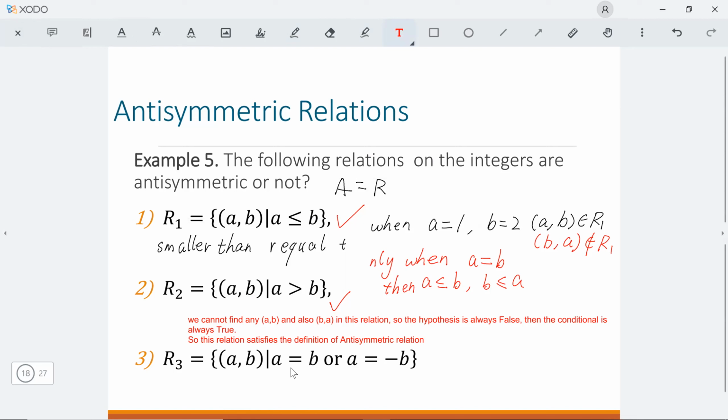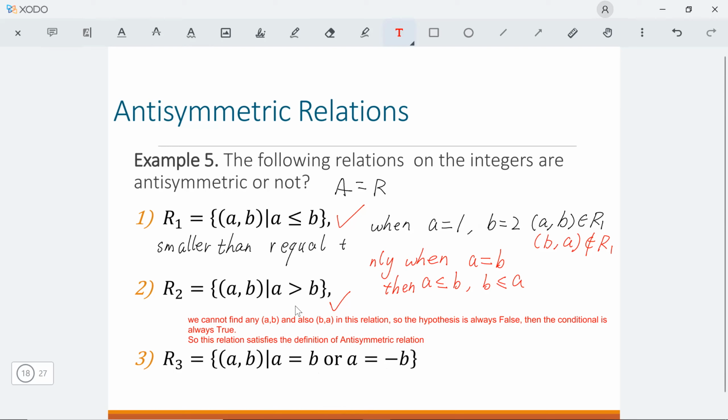So when we flip to BA, of course if the values are the same, then B also equals A. So for any same value of AB, BA is also in this relation. And how about the other one? Now if we have A equal negative B, for example A equal 1, B equal negative 1, then 1 equals negative negative 1, the double negative cancels, so we have A equal negative B.